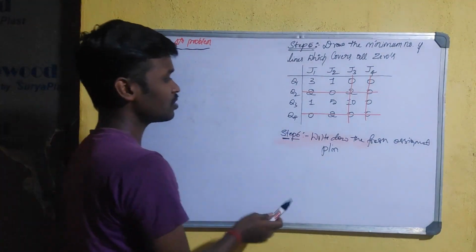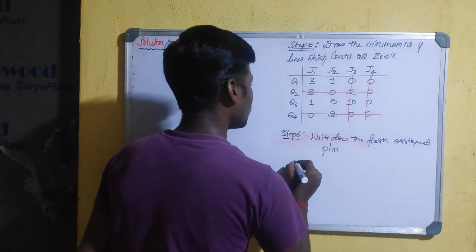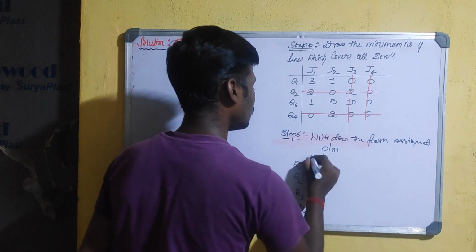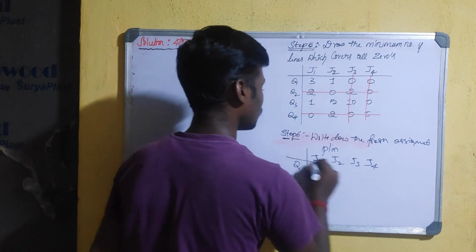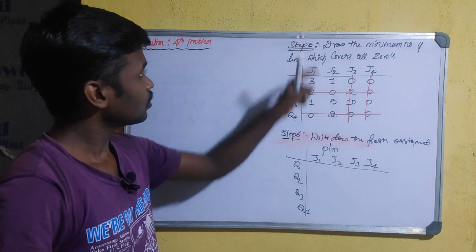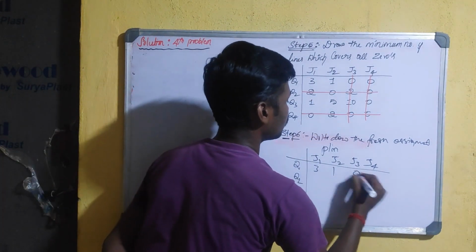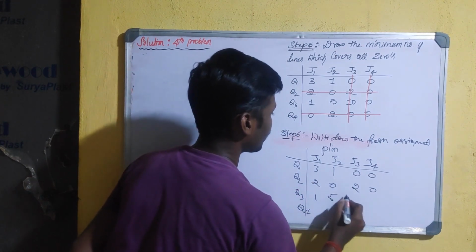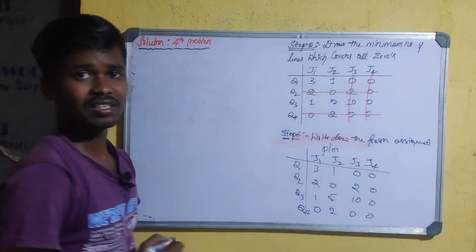Q1, Q2, Q3 and Q4, J1, J2, J3 and J4. Write down the times obtained in the fifth step, that is 3 1 0 0, 2 0 2 0, 1 5 10 0, and 0 2 0 0. So this is the sixth step.